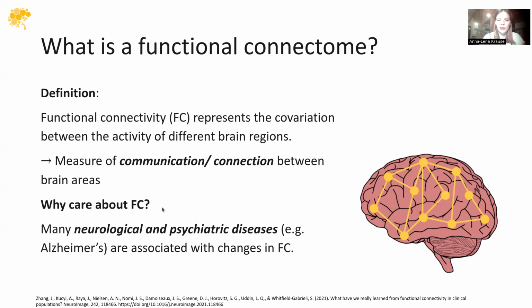And why do we care about that? In many neurological and psychiatric diseases, functional connectivity is actually changed. So we can use functional connectivity to distinguish between diseased and healthy patients, and we can use it to learn something about these diseases.